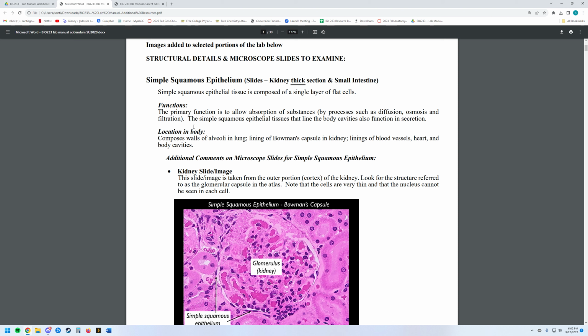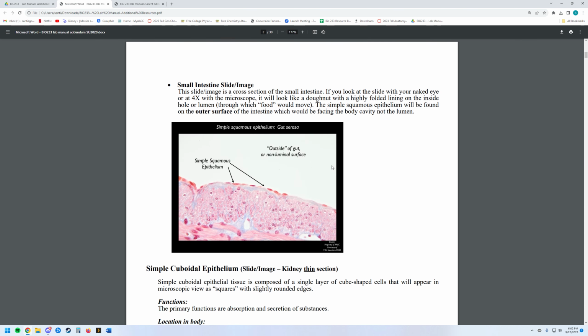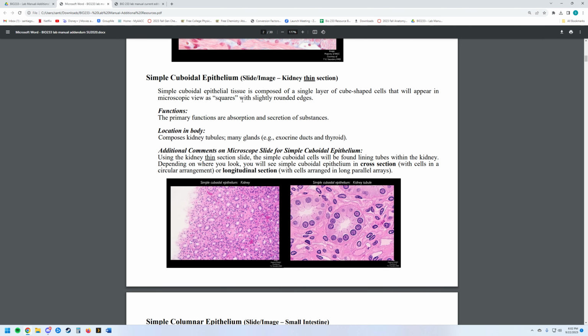That's weird, because this one is primary absorption of substances. It also functions in secretion, but I guess this is absorption first, secretion second. This one is like half and half. Yeah, I'm going to say half and half to try to make sense of that.